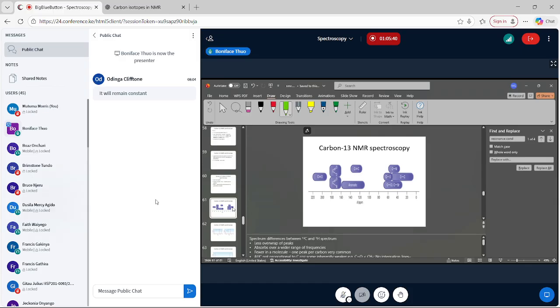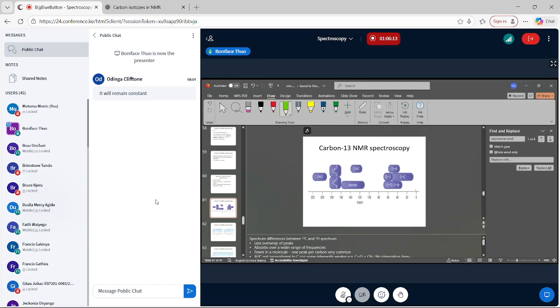So looking at the spectrum of carbon-13, we find that there are not very many types of carbons. You can have carbons which are attached to carbons, carbons which are attached to electronegative elements. You can also have alkene carbons or aromatic carbons. And then we have the different regions.